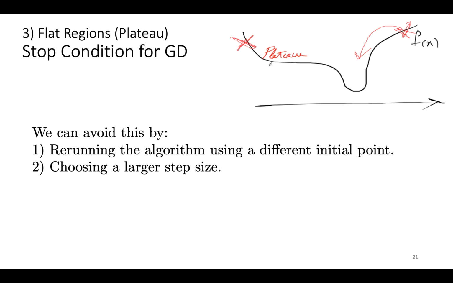Or we need a larger step size, but that's still tricky as well. So these are different remedies that in numerical analysis we use for machine learning, and there's no single formula for that. You have to play around with all the tools you have in order to come up with the best solution found.